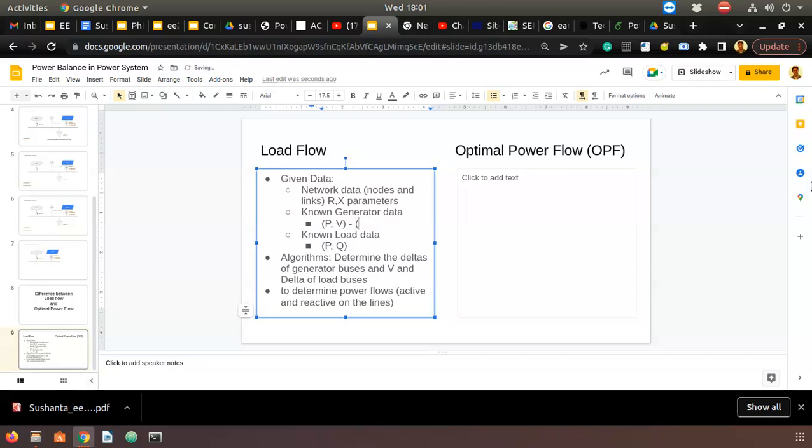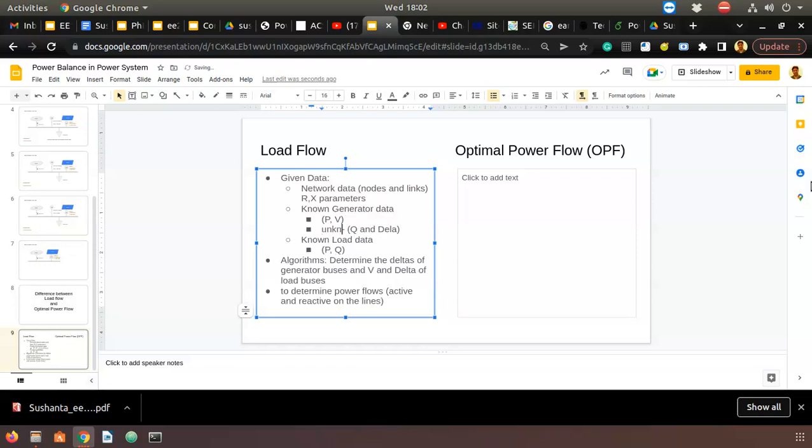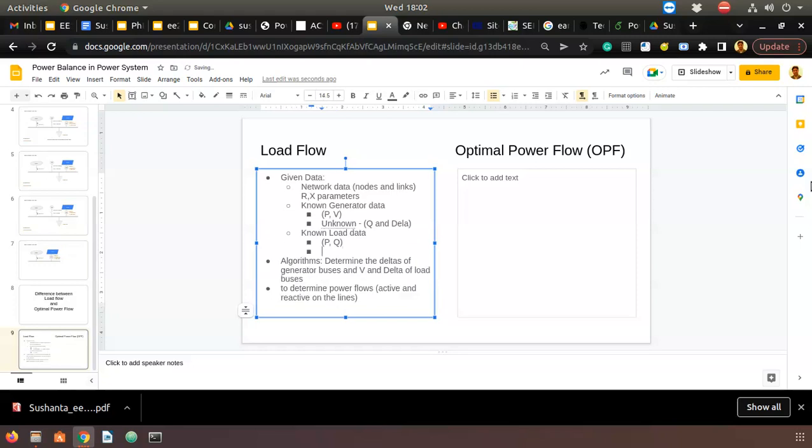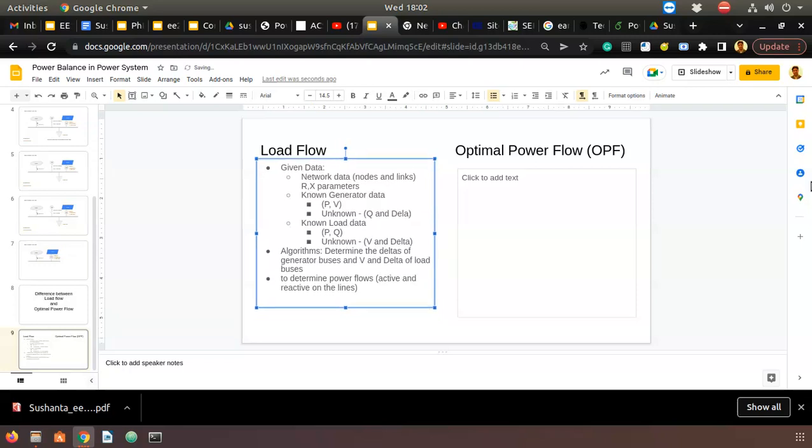V and delta unknown. So this is the purpose of load flow.